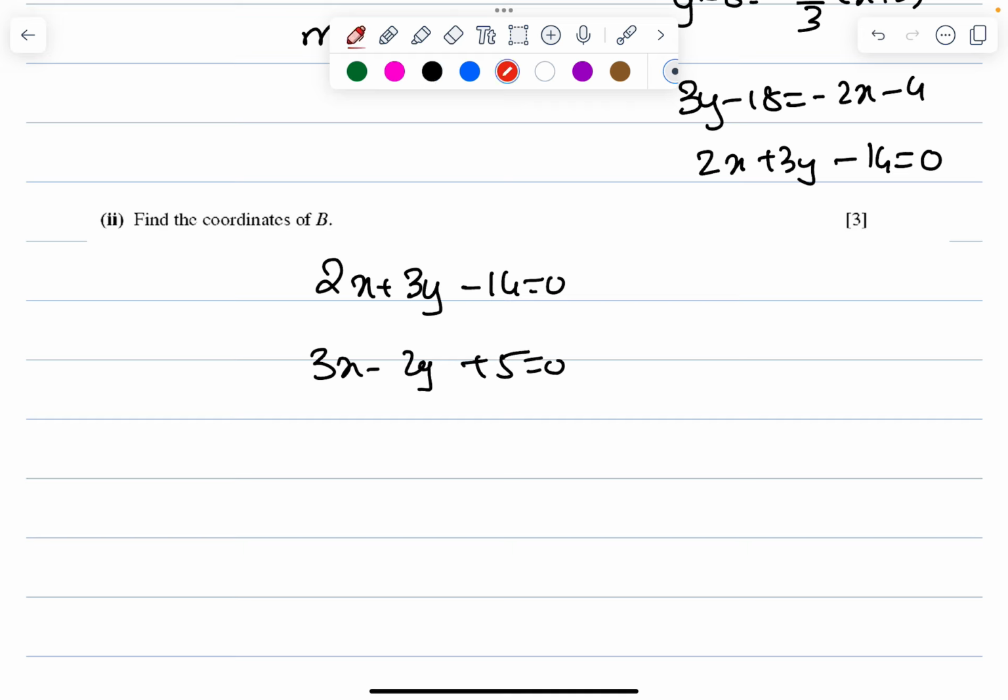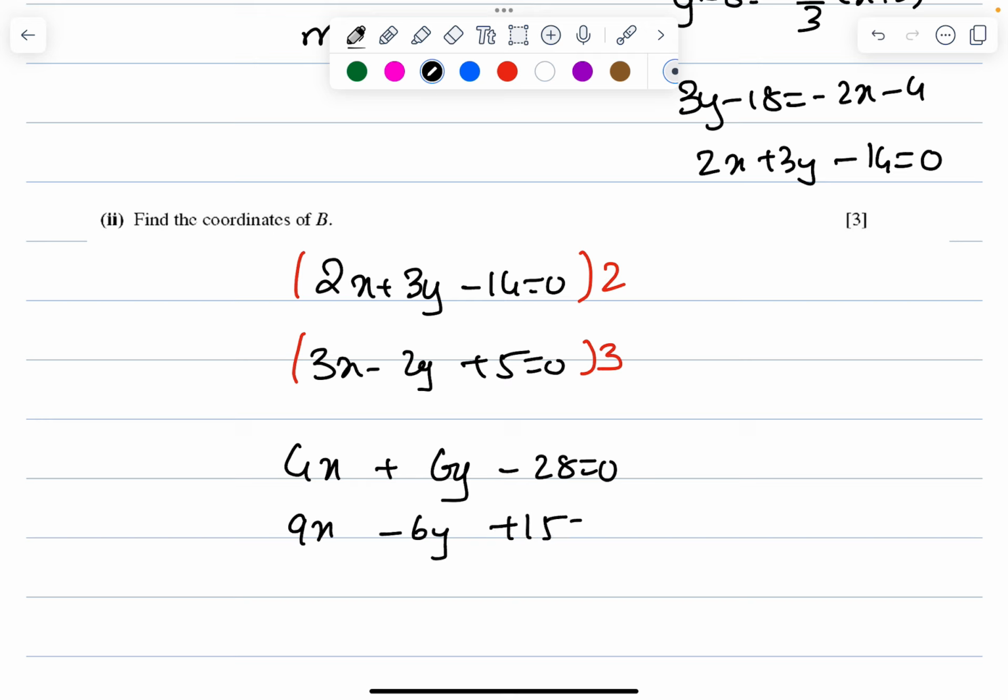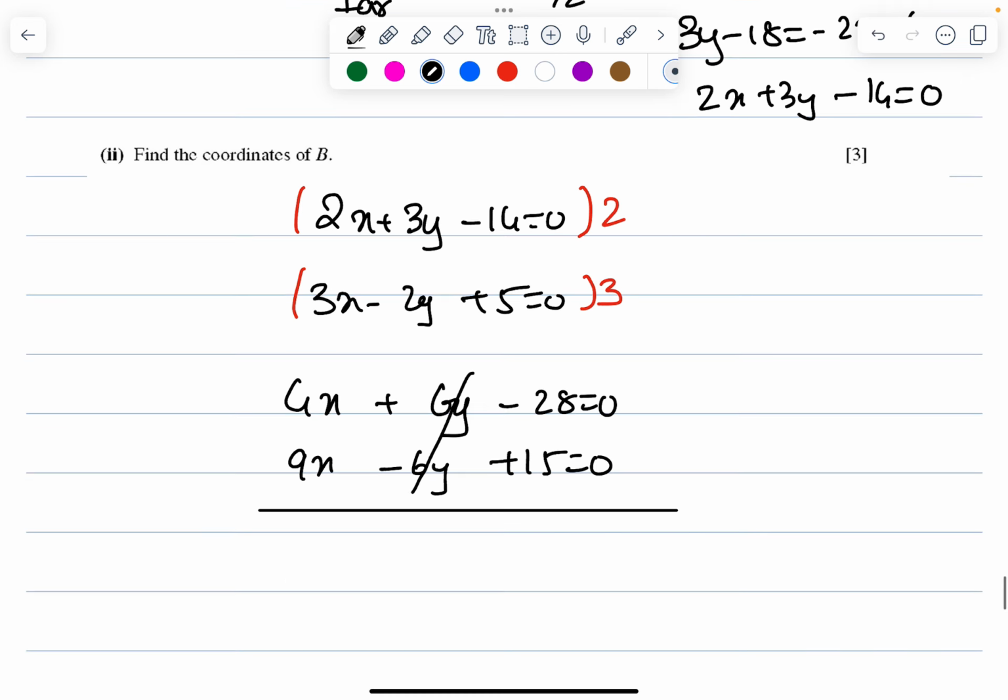Do the simultaneous equations, multiply this one with 2 and multiply this one with 3. So I will be getting 4x plus 6y minus 28 equals to 0 and 9x minus 6y plus 15 equals to 0. Then 6y gets cancelled. 13x minus 13 equals to 0.